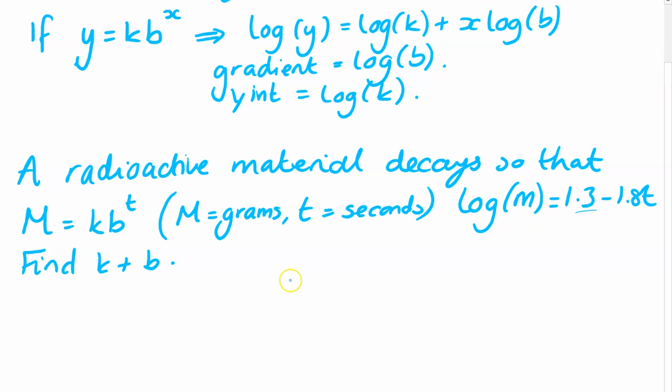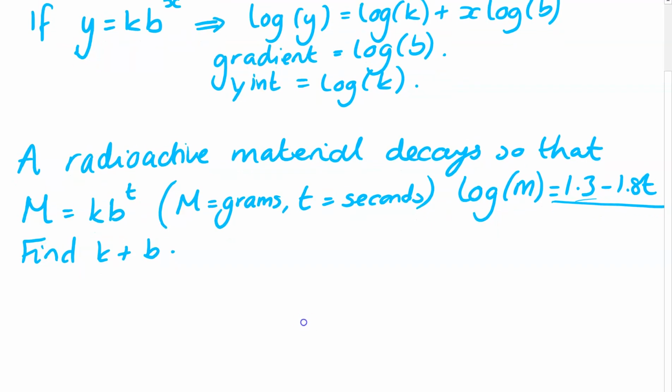It's taken a load of readings about this radioactive material, and the line of best fit is this here. That's the gist of the question. If we know the equation of the line, can we work backwards and find what we started with? Yep, absolutely we can.